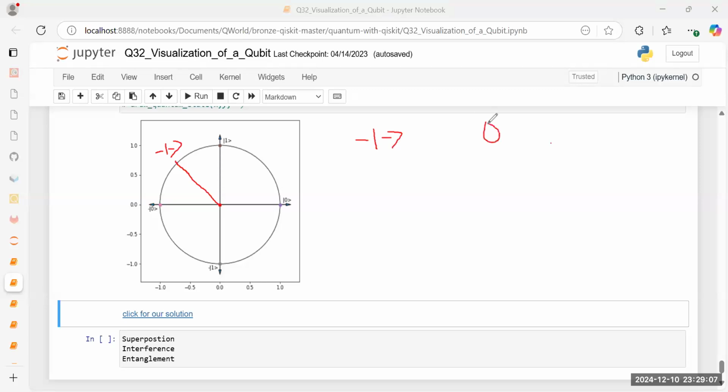What's the value of theta at this location? This is something you can just type in the chat. What's theta at the location of the minus state? Also for the minus plus state, we have the vector pointing in this direction. So what's theta at this location also?